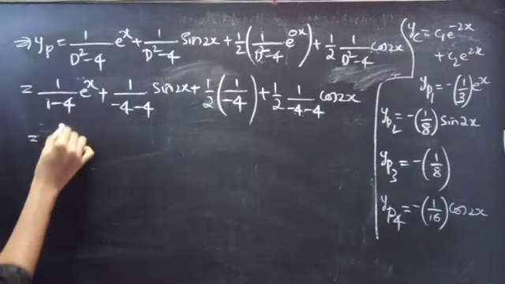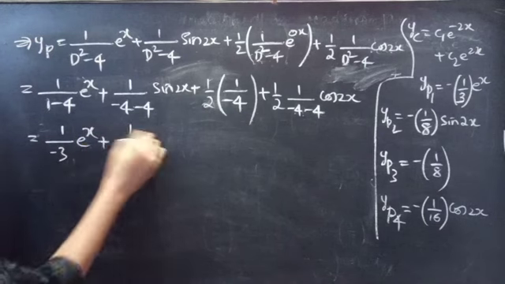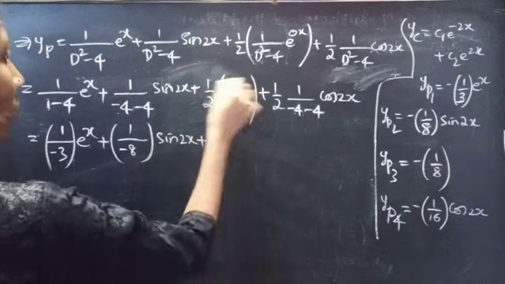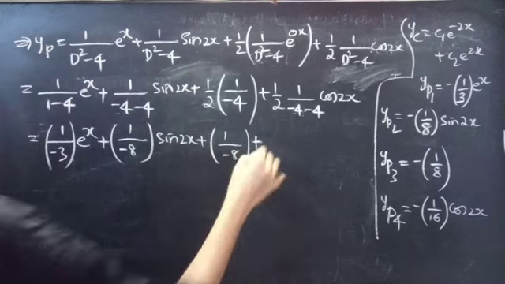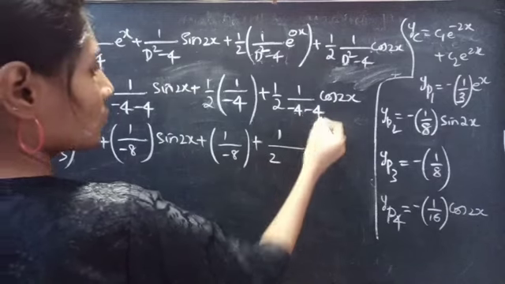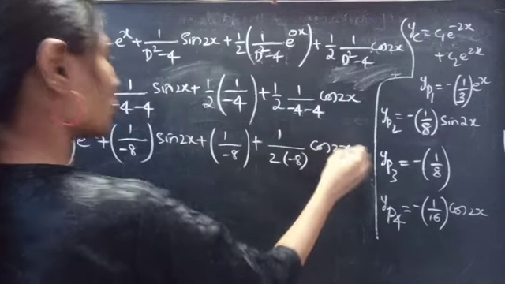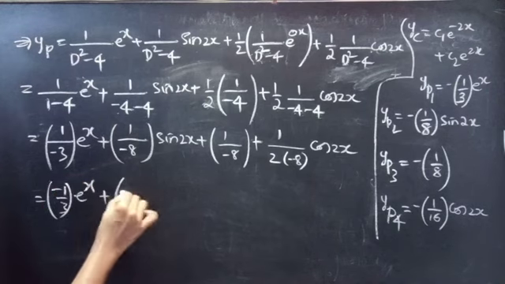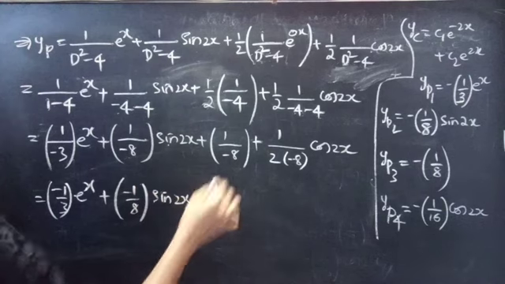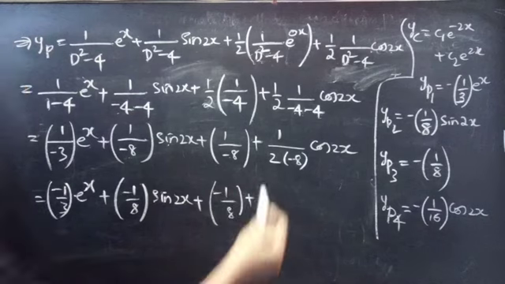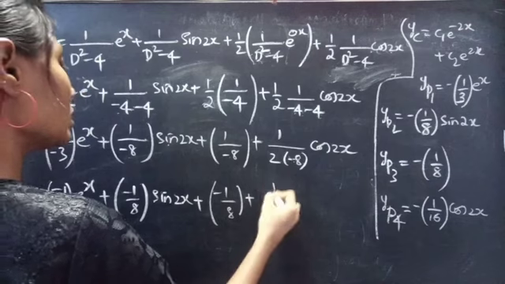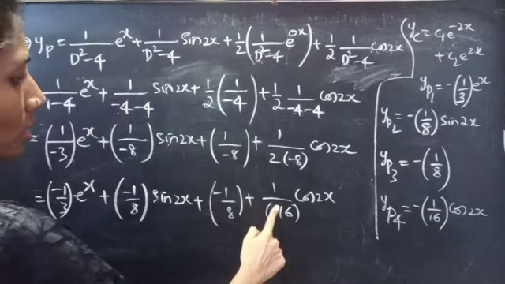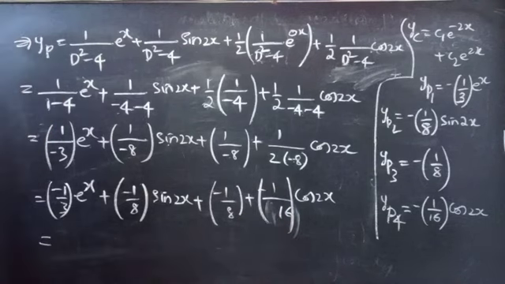Now, this becomes 1 by, 1 minus 4 is minus 3 into e power x plus 1 by, minus 4 is minus 8 into sine 2x plus 1 by 2 into minus 4 is minus 8, plus 1 by 2 into minus 4 into minus 4 is minus 8, into cos 2x, which equals, we can write 1 by minus 3 as minus 1 by 3 into e power x plus 1 by minus 8 can be written as minus 1 by 8 into sine 2x plus 1 by minus 8 can be written as minus 1 by 8 plus 1 by 2 into minus 8 can be written as 2 eights are 16, minus 16 into cos 2x, and you can write 1 by minus 16 as minus 1 by 16.